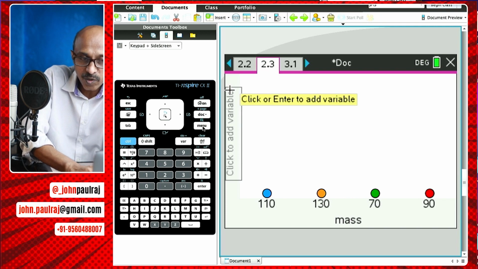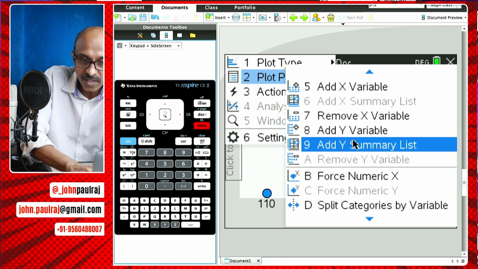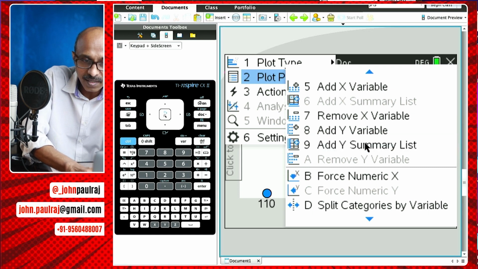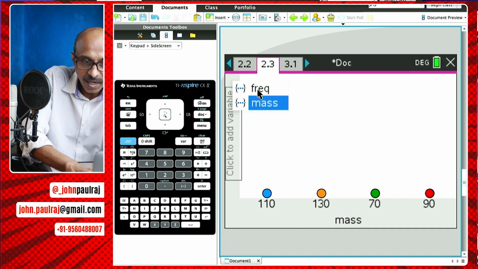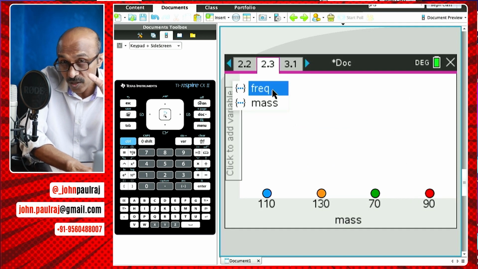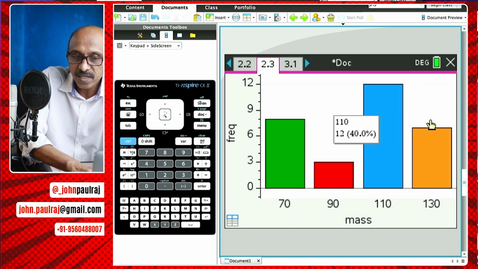So the calculator is going to recognize it as a summary list. What we have to do is go to menu and say add summary list, add Y summary list. Maybe it's not clicking properly, maybe it's my trackpad. There have been some issues. The summary list, or the frequency, comes from a column called FREQ. So make sure you add the summary list. By default, the first thing that will show up is a bar chart. This is not a histogram.